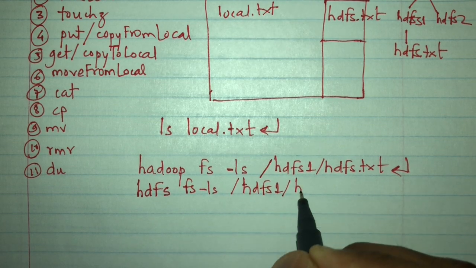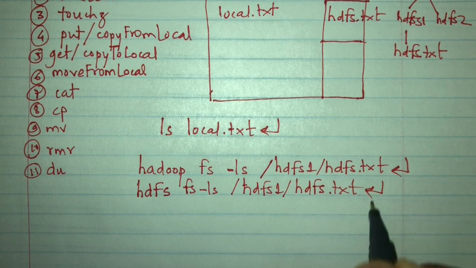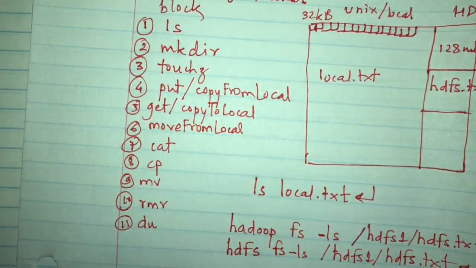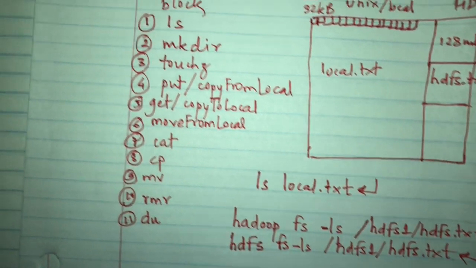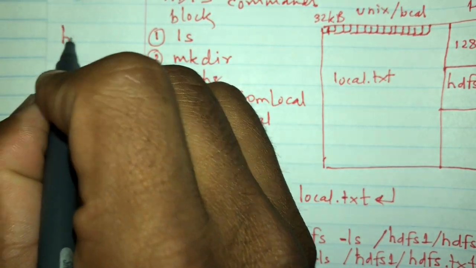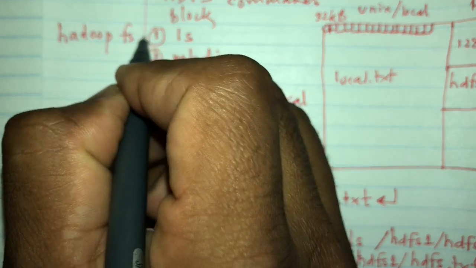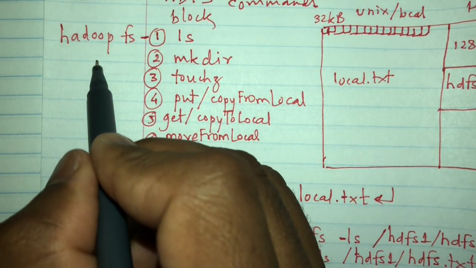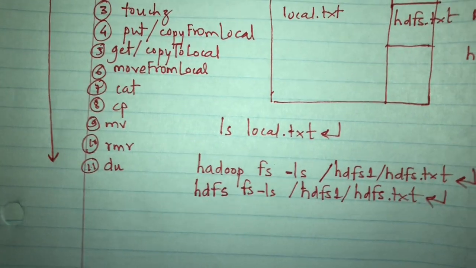I haven't tried running this command because I always go for hadoop fs -ls. So all these commands that I have listed here, you must precede with hadoop fs. They become like this: hadoop space fs space hyphen and then the command name, and it will continue like that for the rest of them, right?